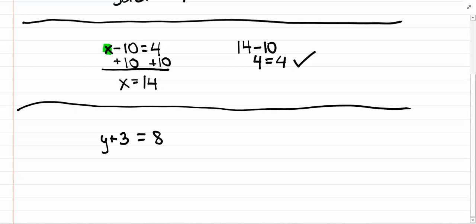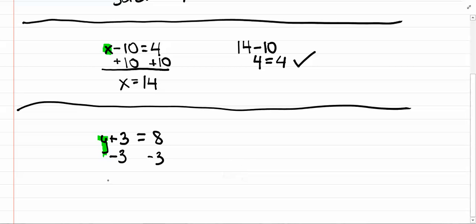So again, our goal is to get this variable right here by itself so we can solve the equation. We're just trying to figure out what value of y, any number that we can plug into y, to make this whole equation true. So to do that, we do the opposite. So it's y plus 3. So we need to subtract 3 to both sides.